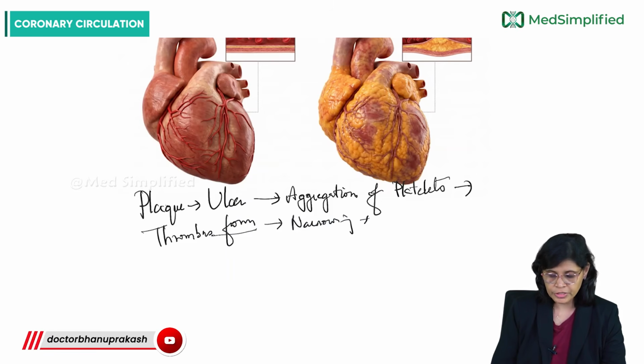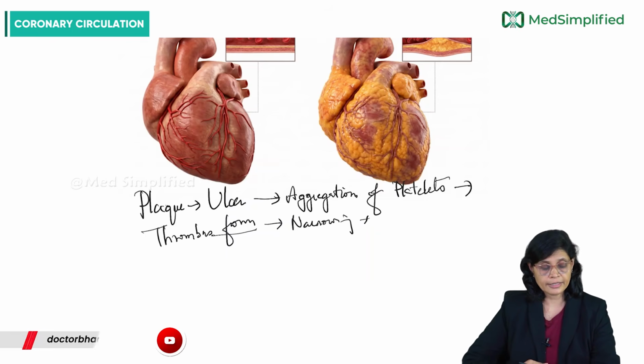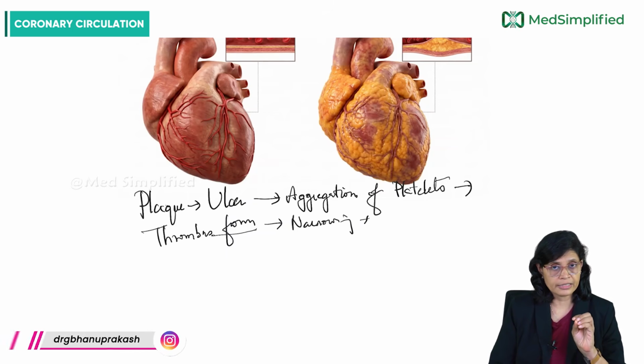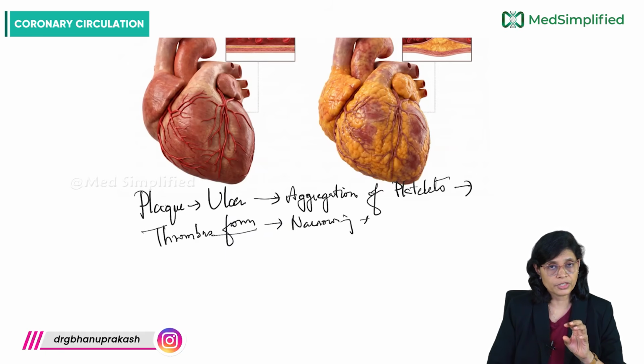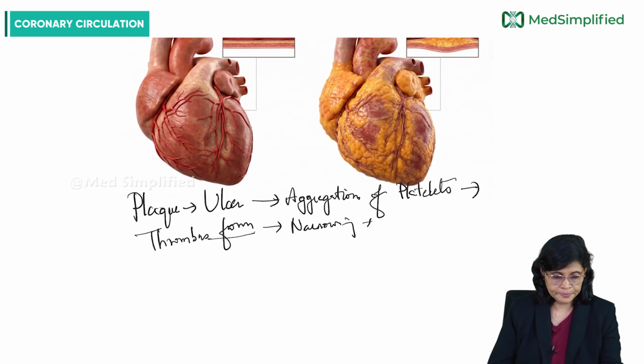Because of this, the blood supply is compromised and it results in ischemic heart disease or myocardial infarction. Sometimes this thrombus gets dislodged and blocks the vessel, so there is sudden obstruction in the blood flow, and if it involves a major blood vessel, it can result in sudden death also.